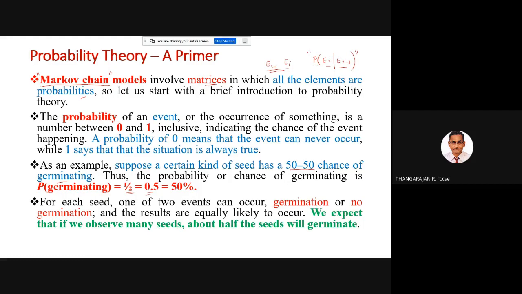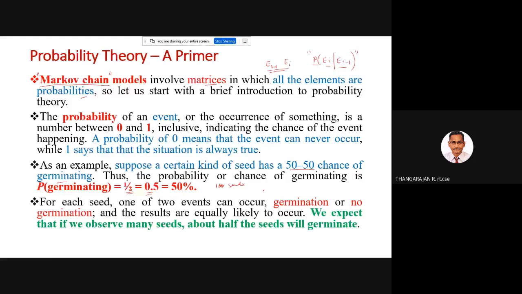Now you can look at that in that manner, or you can look at that in another manner. Say, for example, you take 100 seeds from the same sample and you sow them, and you say that there's a 50% chance.